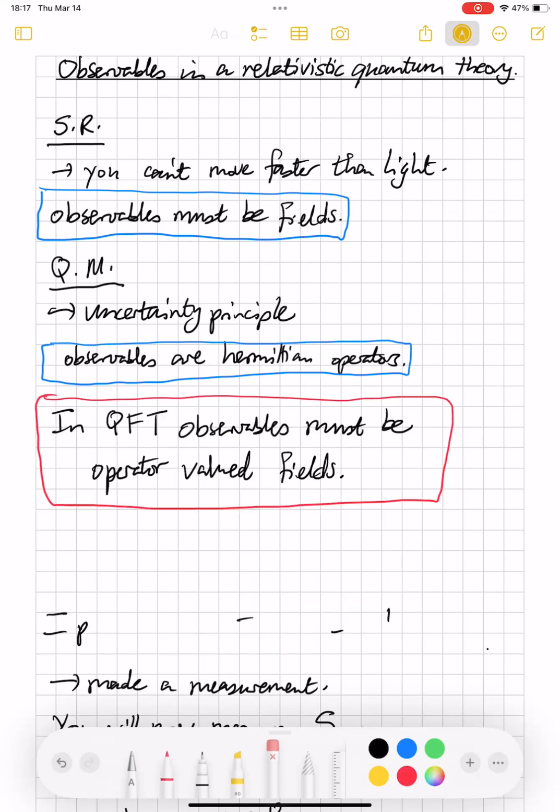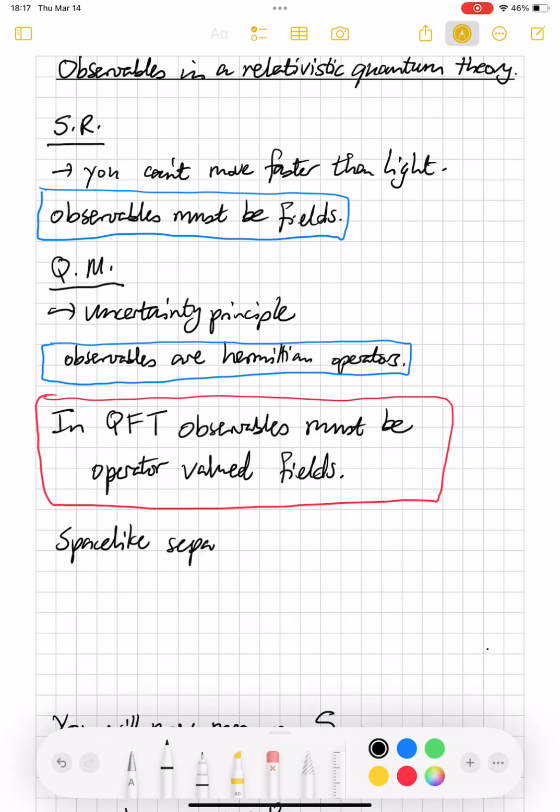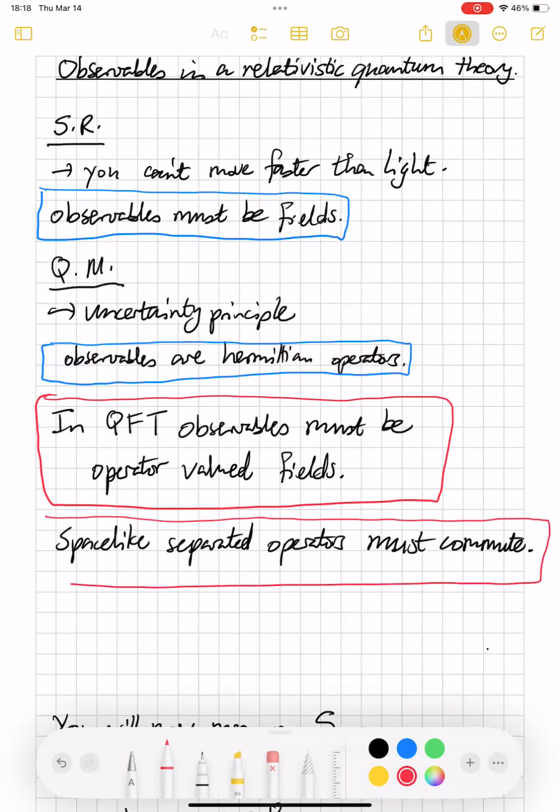And then the next conclusion that we have reached is that space-like separated operators must commute. Two operators which are space-like separated means signals cannot travel between them.